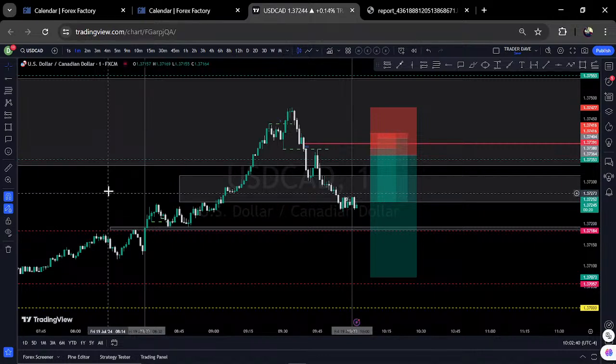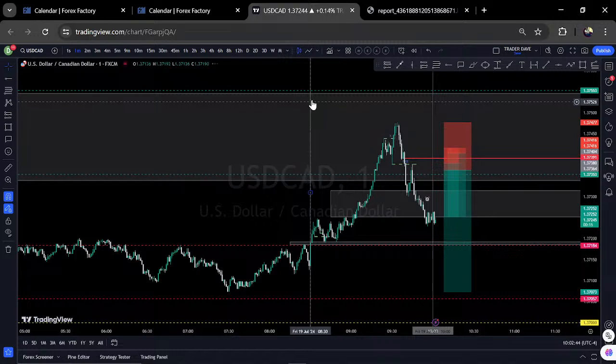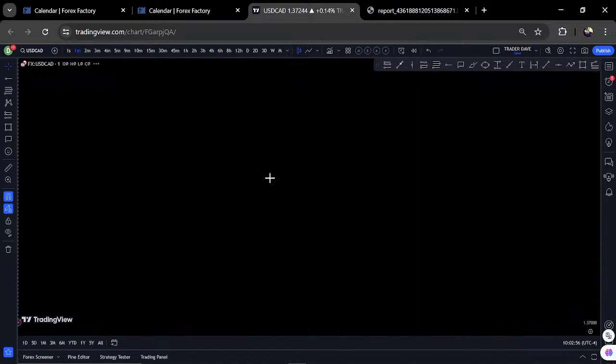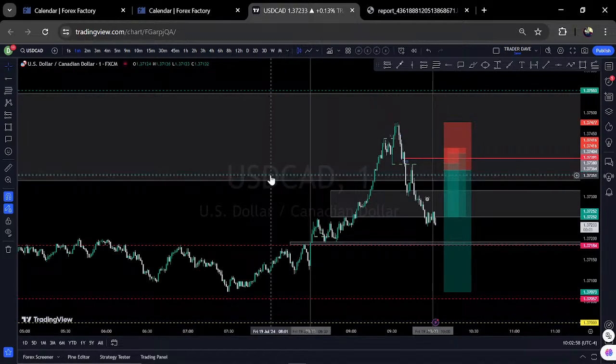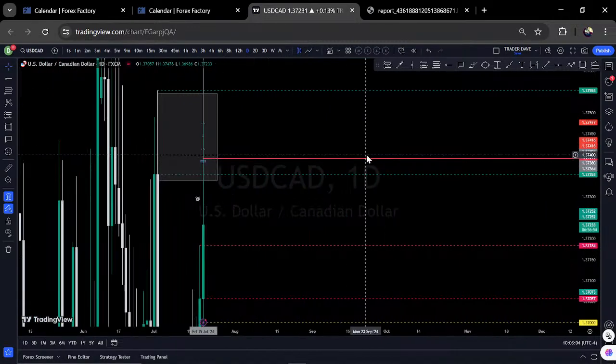You can see on USDCAD a market that is currently at a 1 hour order block. This tiny green line you are seeing here is a previous day opening from the daily time frame.